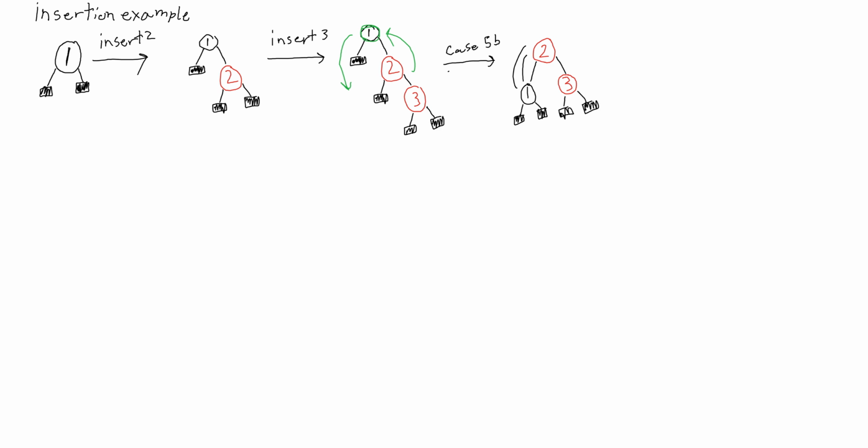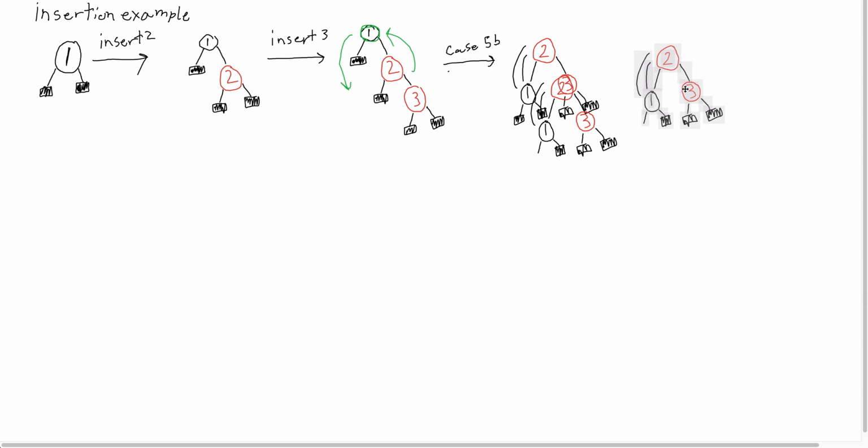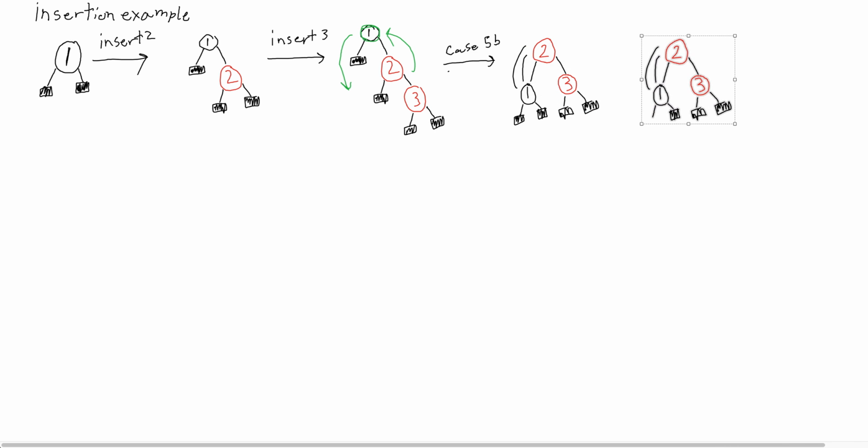So when we do that, what we're going to end up with is basically, I'll just redraw it, because why not? We go ahead, we'll swap their colors. And I do apologize for how long it takes for me to draw.